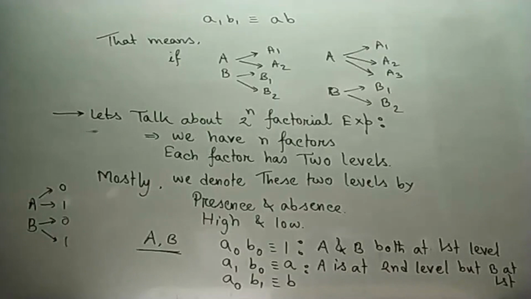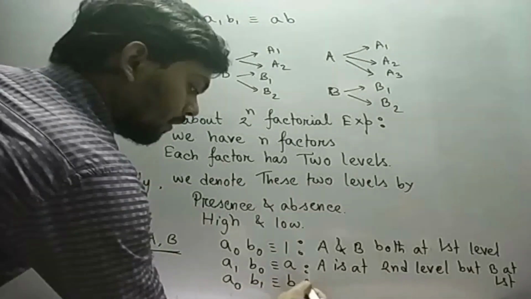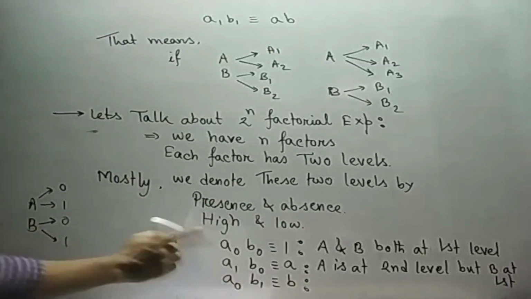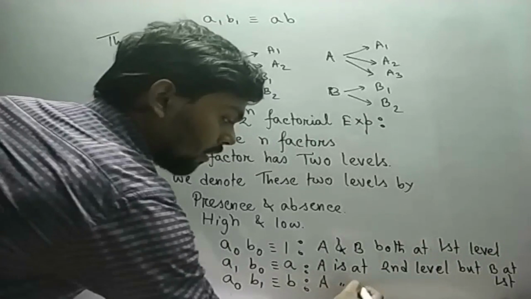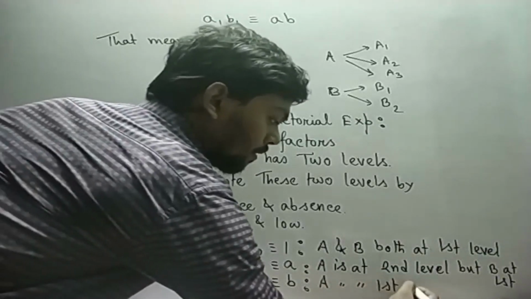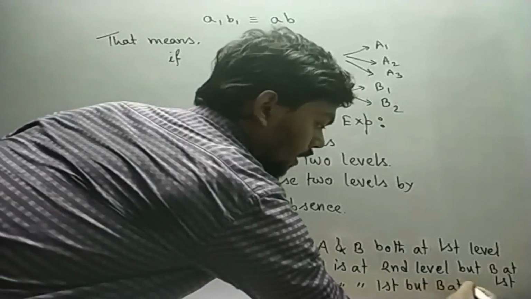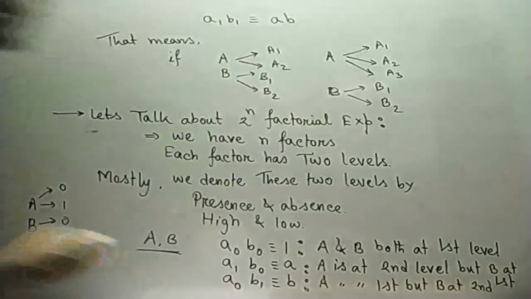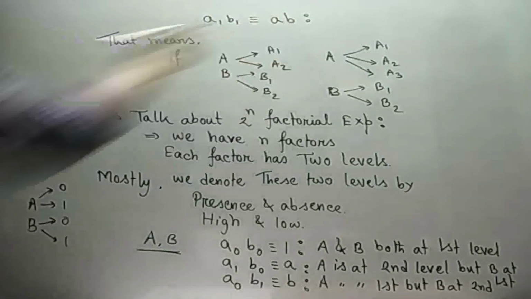So let's make this as a at second level, b at first level. Similarly this third one is A is at first level but B is at second level. Similarly this quantity we can write as AB.